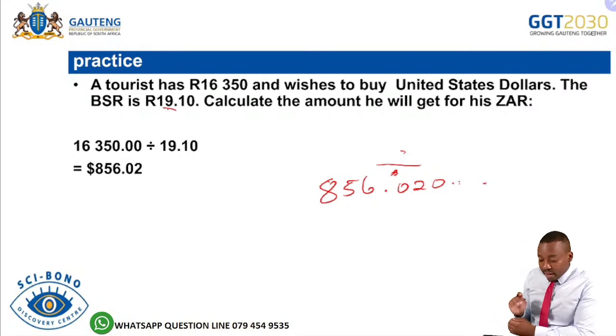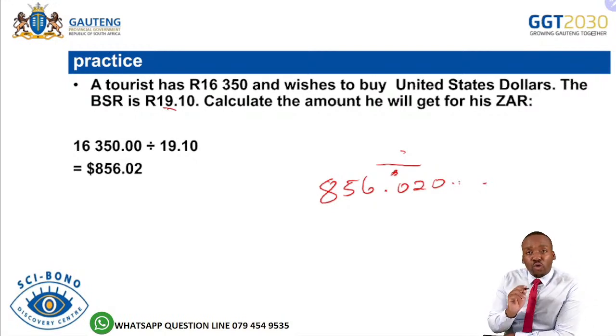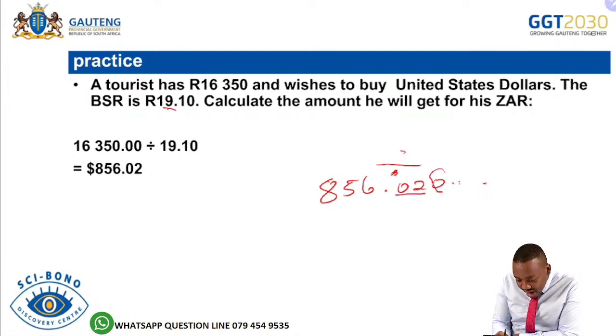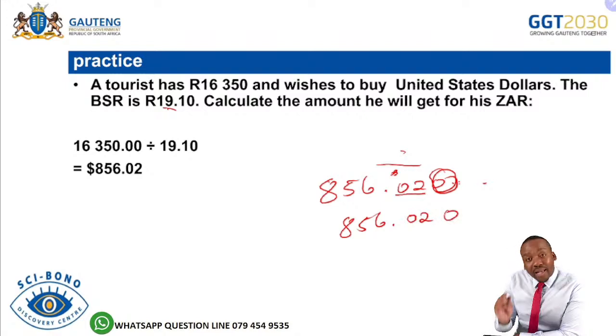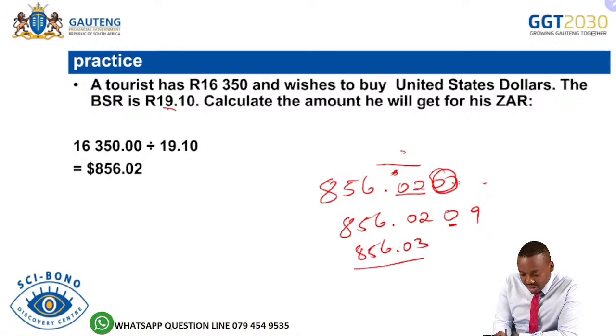Remember the instruction is to round off to 2 decimals. So here are your 2 numbers, and then here you see I had 0 there. Sometimes the third number will be 9, then you need to round off, and it will be 856,03, because if the number is above 5, then you do that.